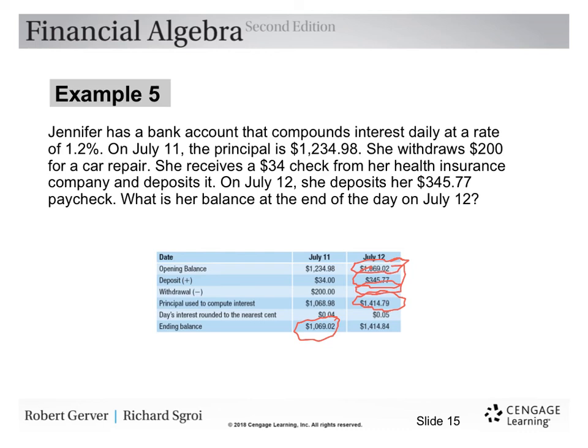Now this is what she's going to calculate her interest for the second day. Again, using the formula I equals PRT. Now her interest for the second day comes out to be 5 cents. Whoa. And we add that to her principal, and at the end of July 12th, her new balance is $1,414.84.